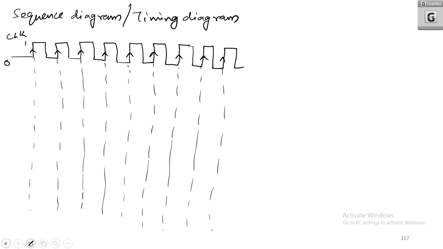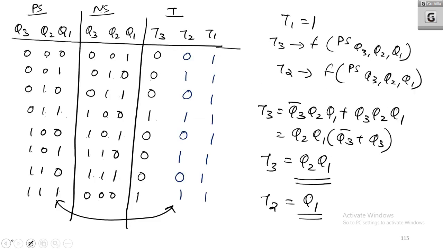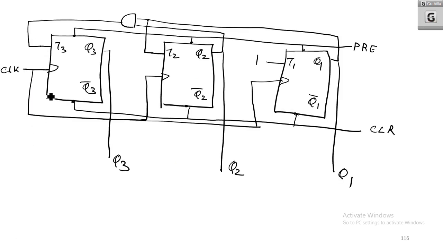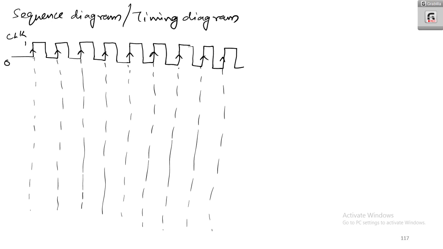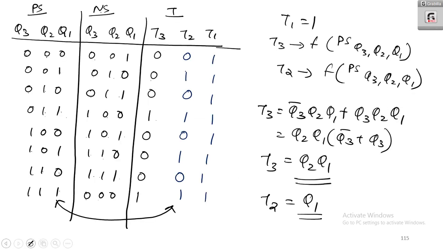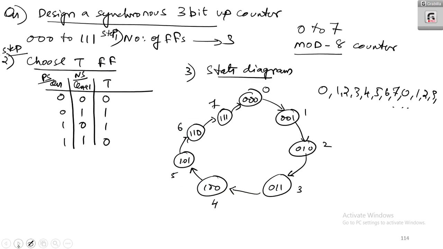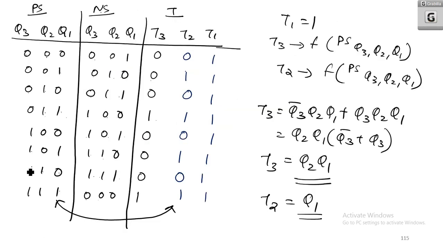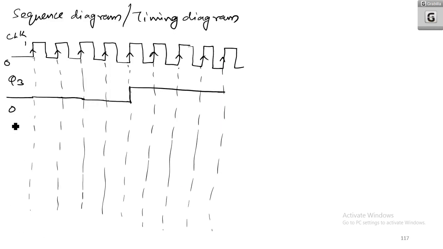Now I will draw Q3. Q3 I will show as 4 zeros and then ones, right? So it is 0 for 1, 2, 3, 4 clocks, and then it changes to 1. That is the Q3 pattern. Now what is Q2? Q2 is 0 0 1 1 0 0 1 1, right?